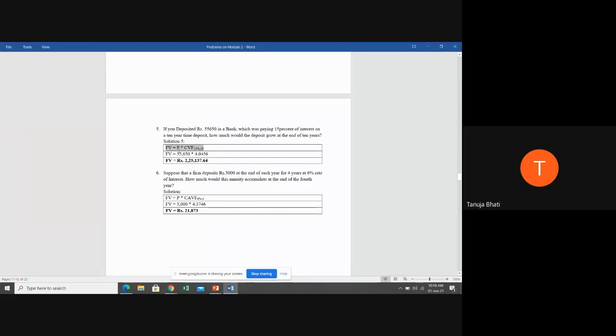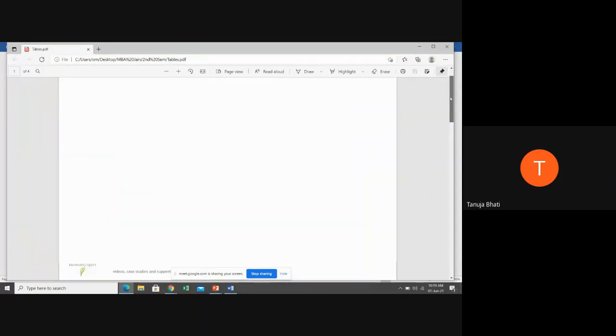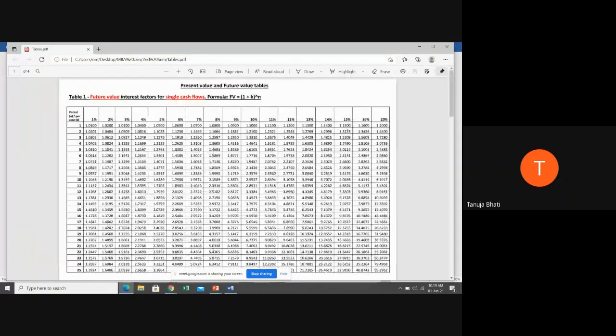Future value is equal to P into the cash value factor, 15% for 10 years. Now, since it is a single cash flow, which table number are you going to see for this? Ma'am, table number 1. So you're just going to see 15% for 10 years in table number 1.